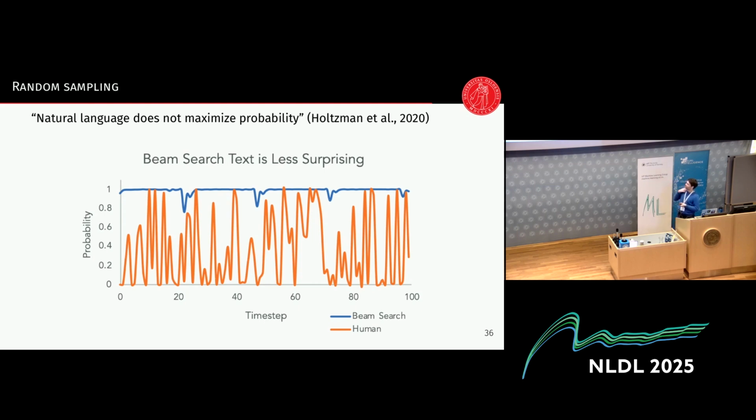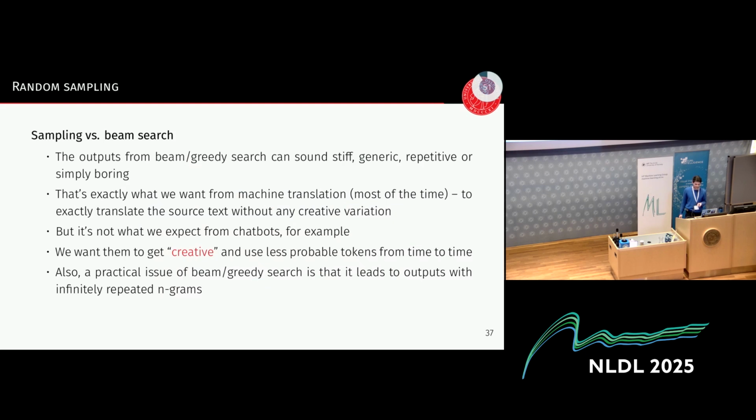So when we look at the estimated probability of text generated by beam search and text actually generated by humans, we see that the probability of the words by humans is much different. Sometimes humans follow the beam search, but other times they just say something totally unexpected out of the blue, and that's what makes natural text sound natural. So we would like to do this too, and we can do this by random sampling.